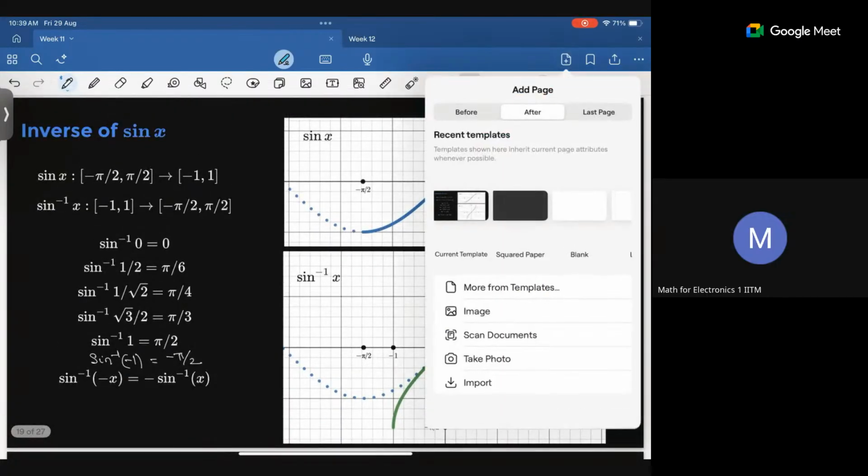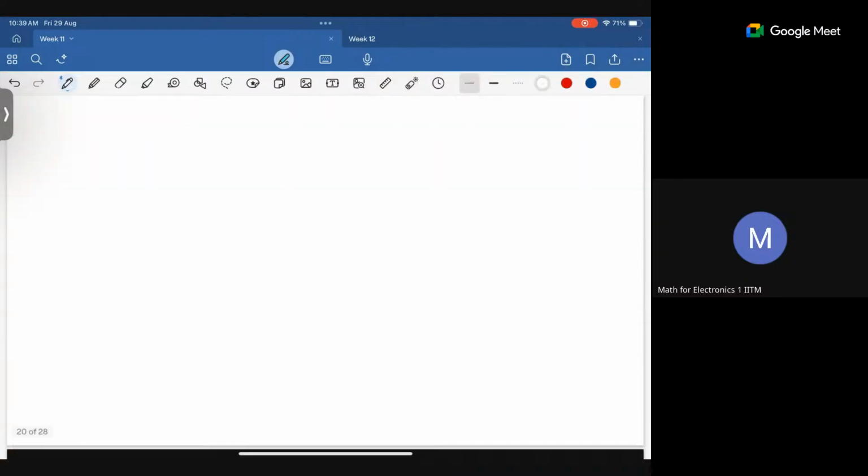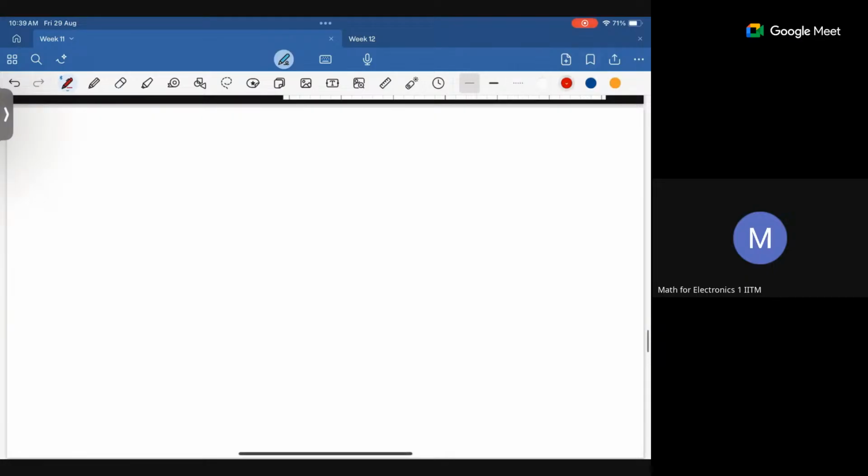And sometimes what happens is, let's say you are asked to compute sine inverse of sine theta.